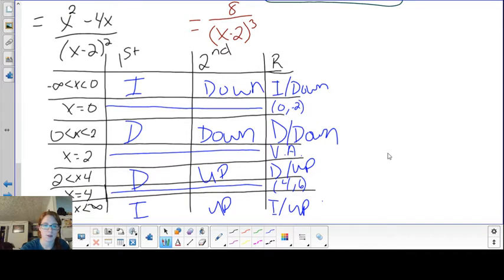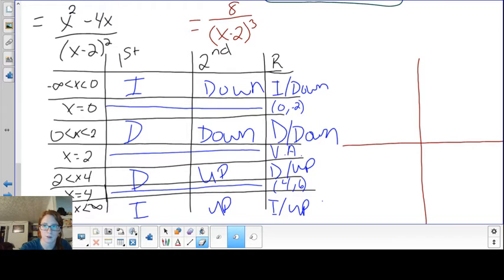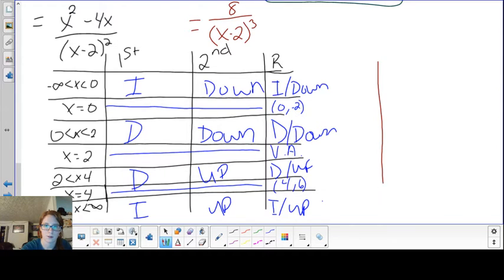Okay, so next we're going to go ahead and sketch my graph. I'm going to fix that a little bit because I'm going to want to be able to draw a little bit more to that side. So nothing really happens until 0. So I have a point at 0, -2.